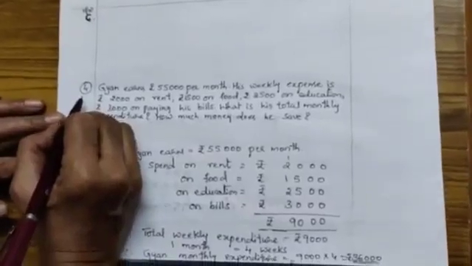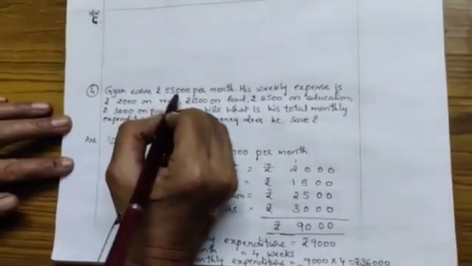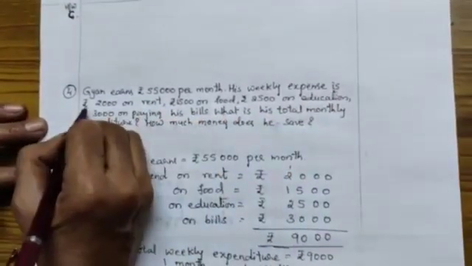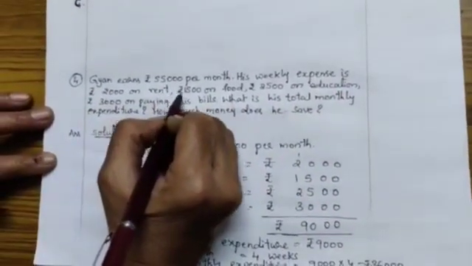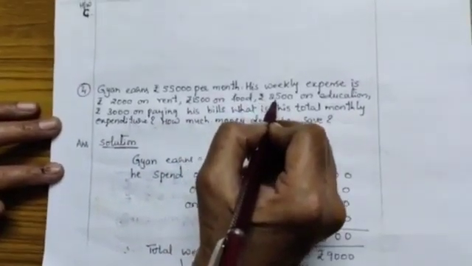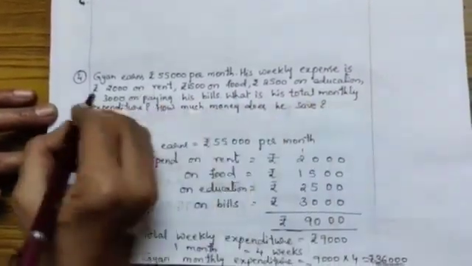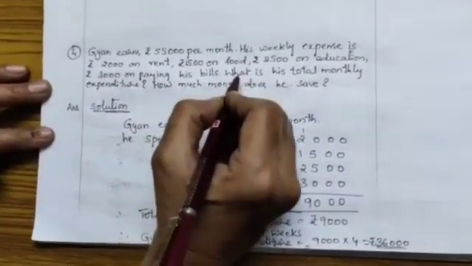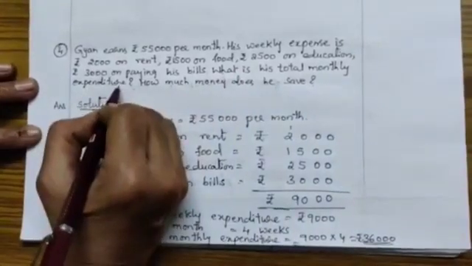Now fourth question. Gyan earns rupees 55,000 per month. His weekly expense is rupees 2,000 on rent, rupees 1,500 on food, rupees 2,500 on education, rupees 3,000 on paying his bills. What is his total monthly expenditure?